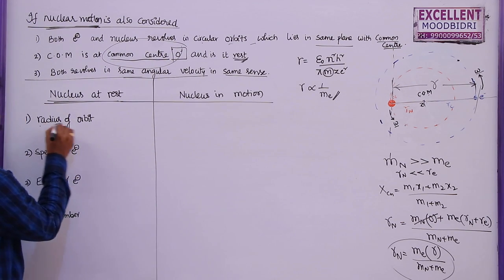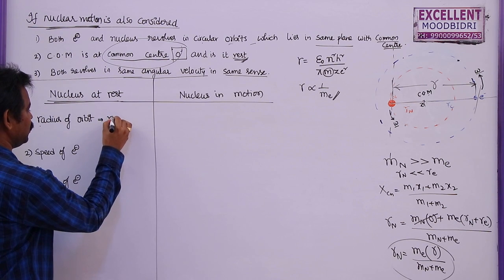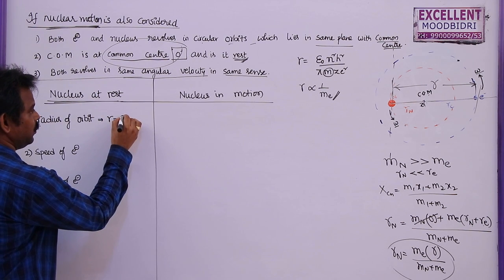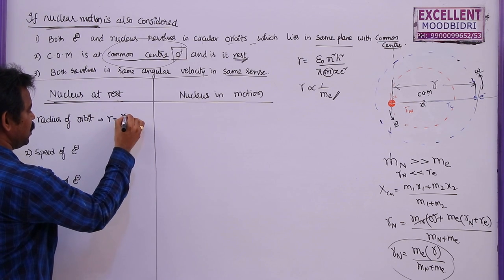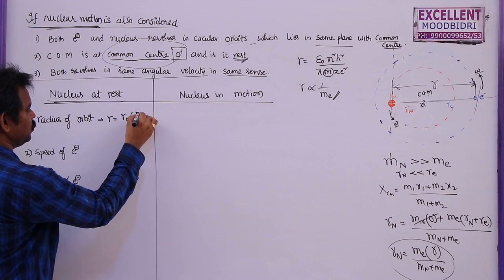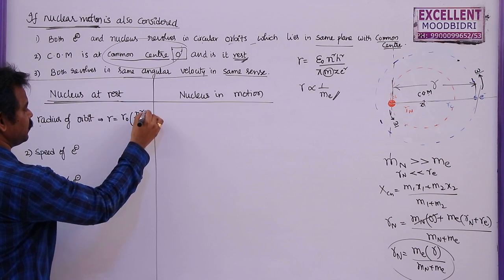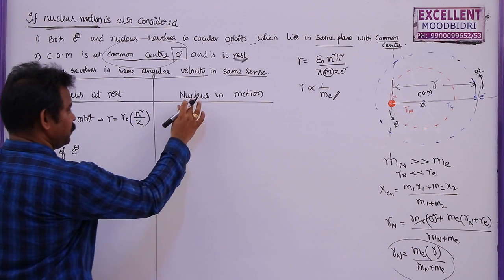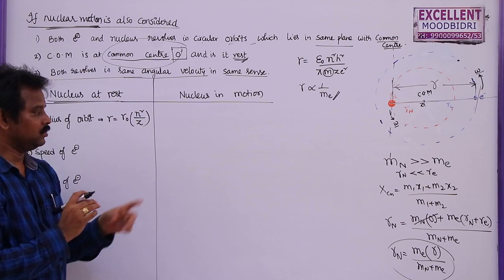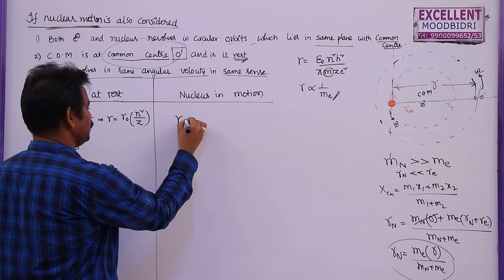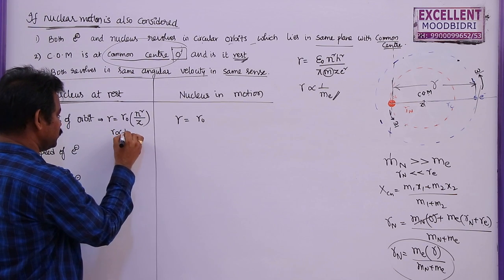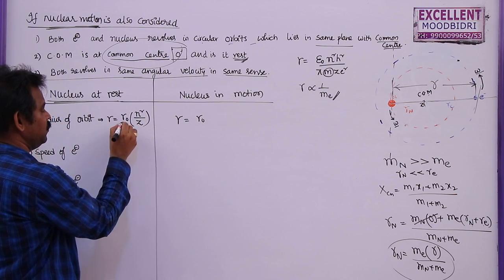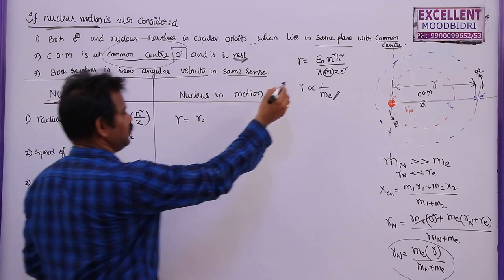You can write this as r naught into n square by z. But if the nucleus is in motion, then the radius formula is given by r naught, where r is inversely proportional to the mass, and r naught we already got this value.